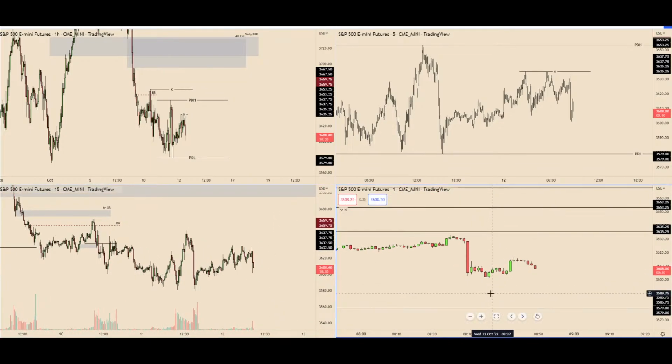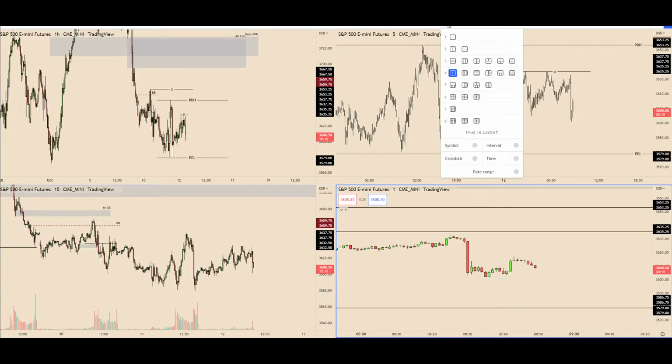It's really annoying. Click the icon to add additional charts to the screen. It's at the bottom of it. Symbol? I don't know.